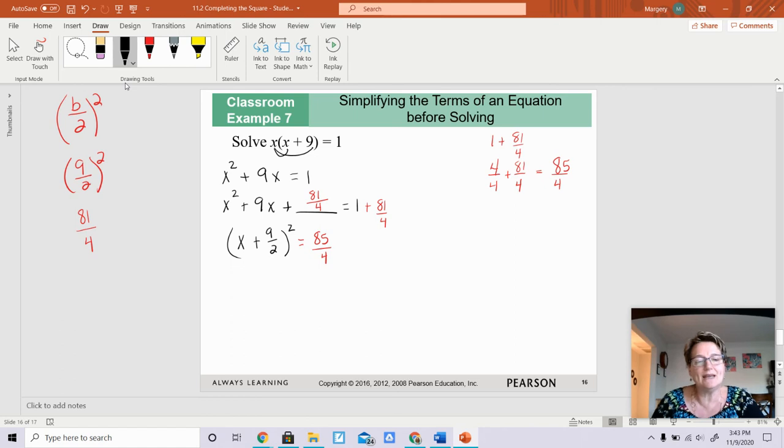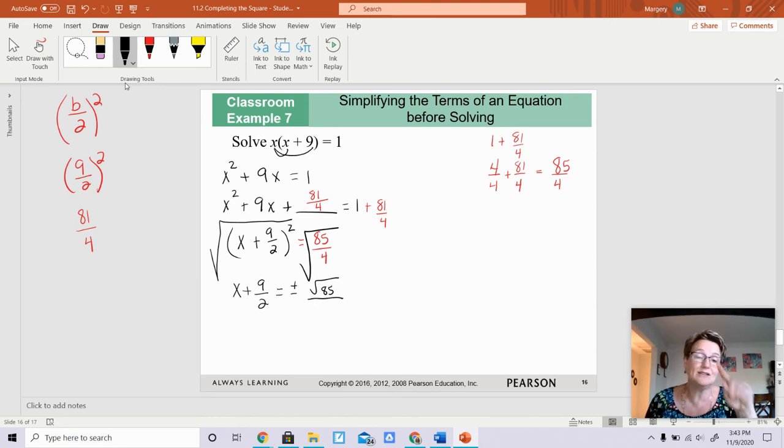Now, in order to get rid of the square, I square root both sides. Remember, when you square root something that is being squared, whatever's in those parentheses comes out. So that's going to be x plus 9 halves equals plus or minus. Now, you cannot square root 85. However, you can square root 4. That is 2. Now, your goal is to get x by itself.